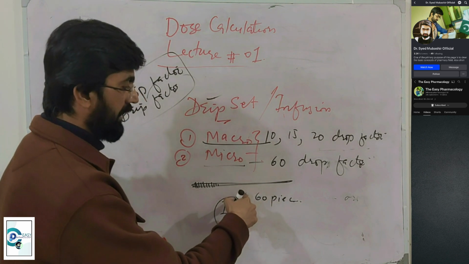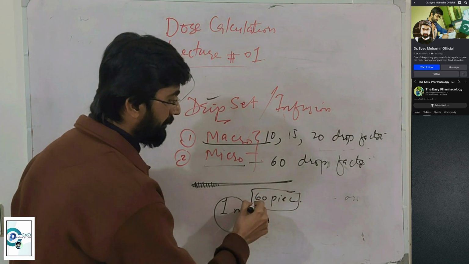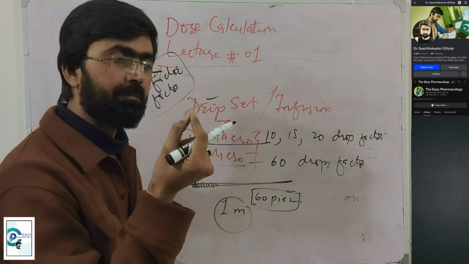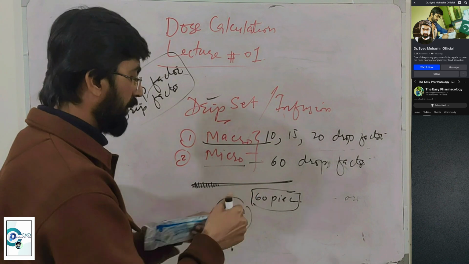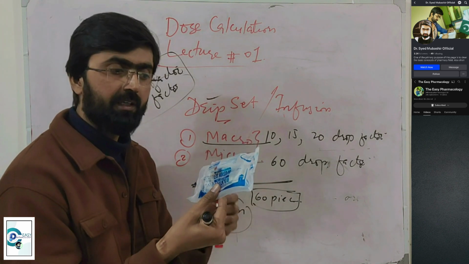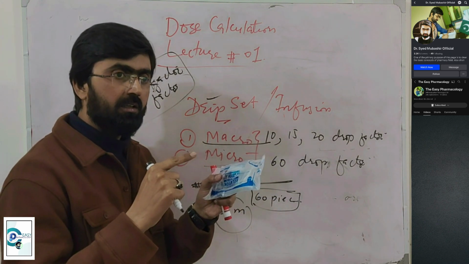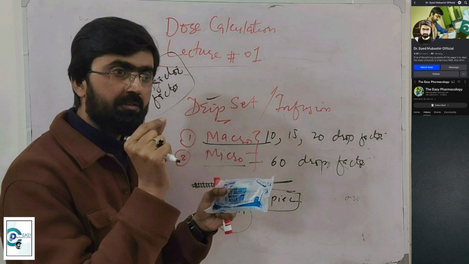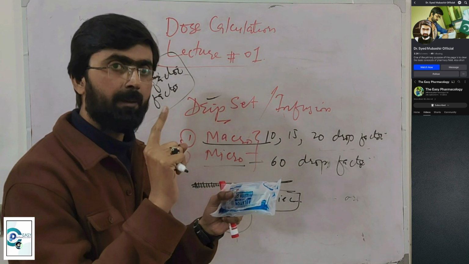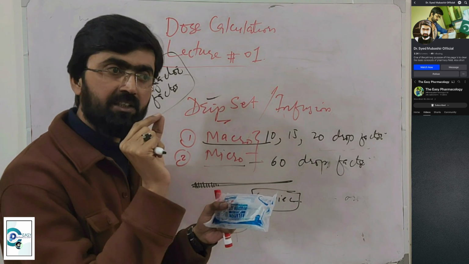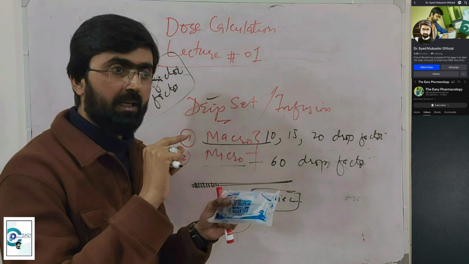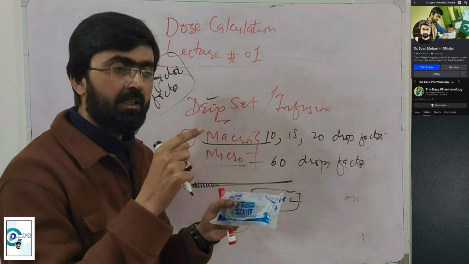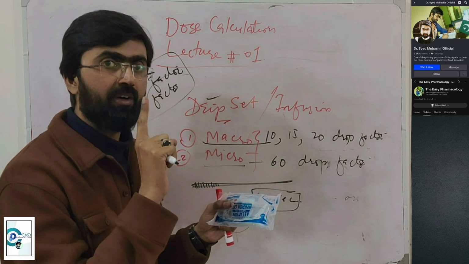If there are 60 pieces, obviously each piece will be very minute, a very micro piece. So if I use a micro drip set, it will deliver 60 drops from 1 ml, because each drop will be very micro in size. It has the property to deliver 60 drops from 1 ml.